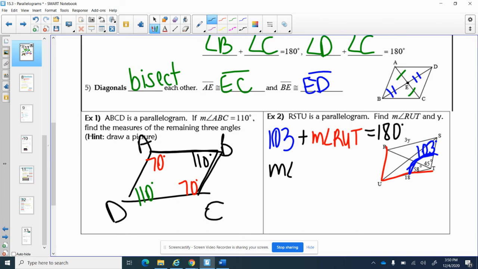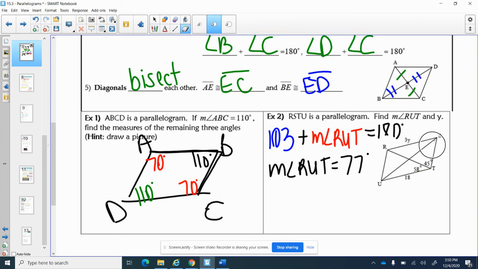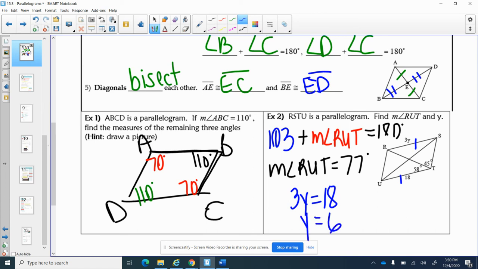So the measure of angle RUT after we subtract has to be 77 degrees. Now, the other bit of information they want us to solve for is y. Notice y is referring to the side lengths here and here. They are opposite sides, and we know the opposite sides are equal to each other. So we would set 3y equal to 18, and when we divide by the 3, we get y to be 6. Okay, so those are our two answers there for example 2.